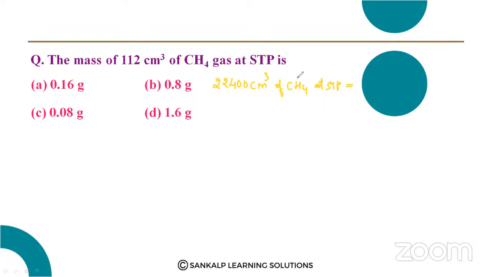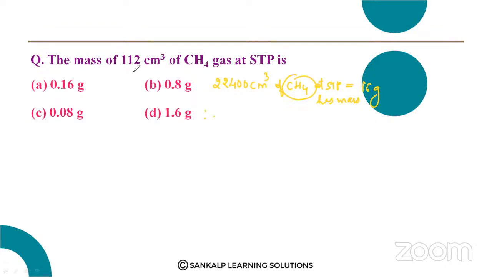What is the mass? It is 16 grams, right? 12 plus 4. Carbon is 12, each hydrogen is 1, so it is into 4. So it will be 16 grams. So 22,400 cm cube of methane at STP has a mass of 16 grams.